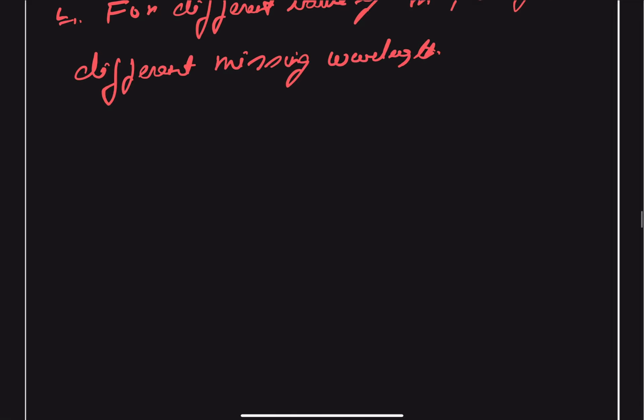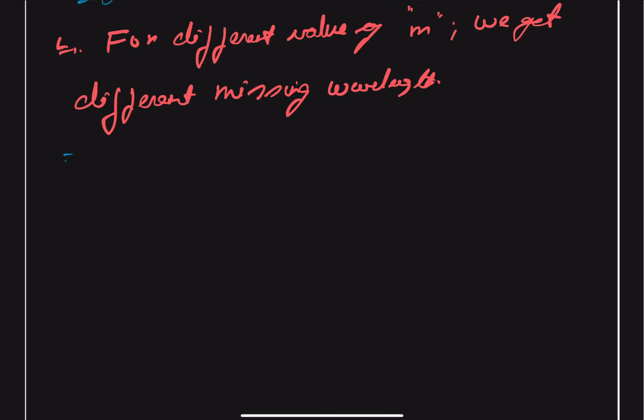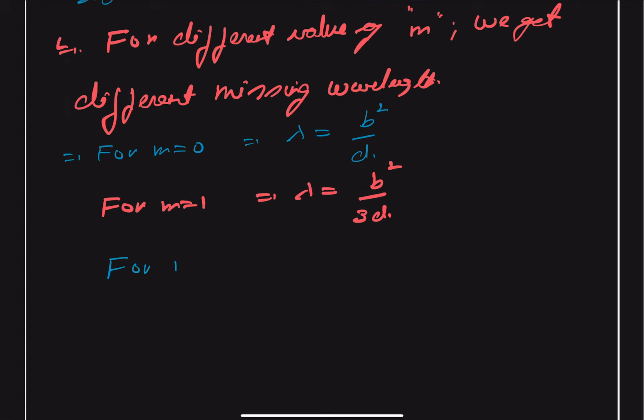So basically, for m is equal to 0, we are going to get lambda equal to b square by d. For m is equal to 1, we get lambda equal to b square by 3d. And for m is equal to 2, we get lambda equal to b square upon 5d, and so on.